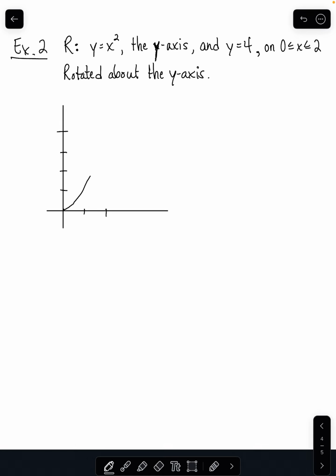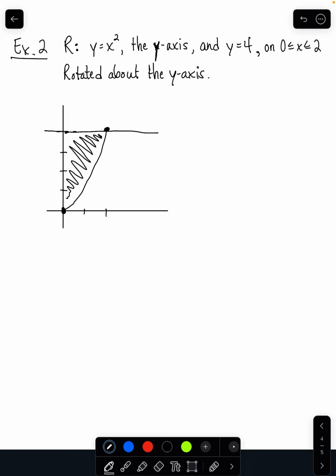So we specifically want to look at this region inside there. And it is going to be rotated about the y-axis.